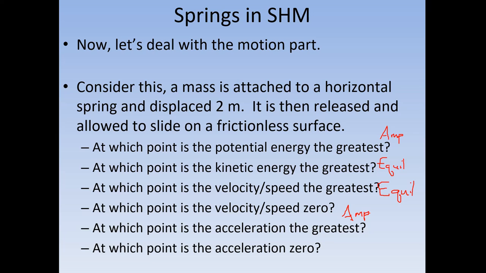Like I said, the equation shows there's an exponential relationship between compression and energy. Therefore, greatest energy happens at greatest compression. Because there's no friction, mechanical energy is conserved. Therefore, potential goes to kinetic equally. So again, pay attention to how I'm wording a lot of the statements because this is how you're supposed to answer questions.